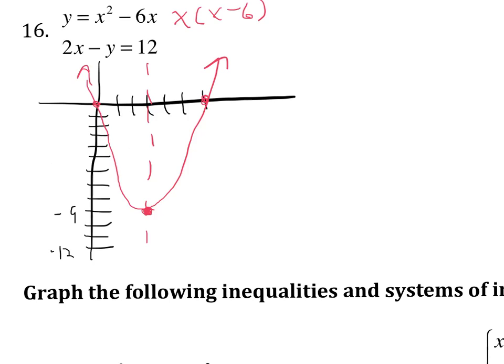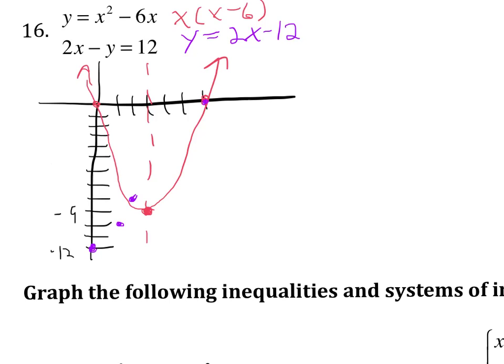So now I want to graph the line 2x minus y equals 12. So if I subtract the 12 and add the y, I'll have y equals 2x minus 12. So put the y-intercept down at negative 12. And now I go up 2 over 1 until we have our line.